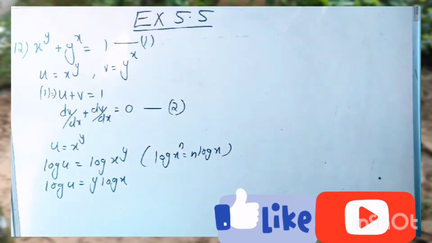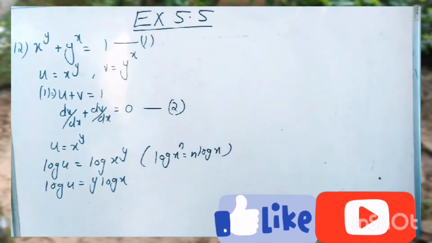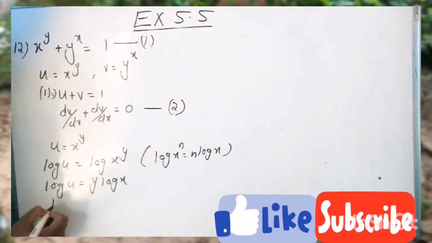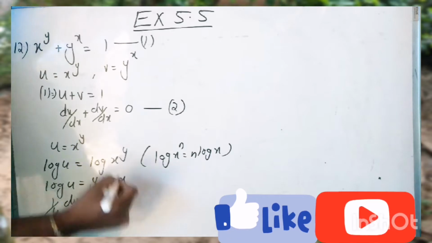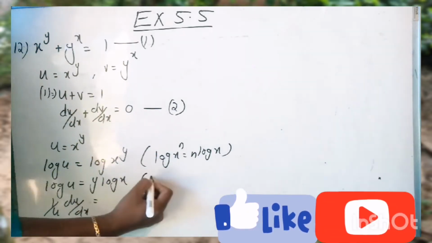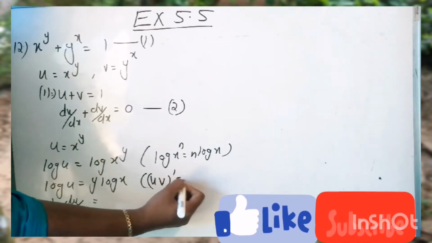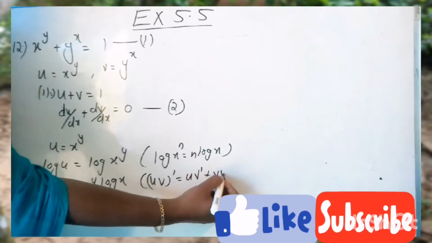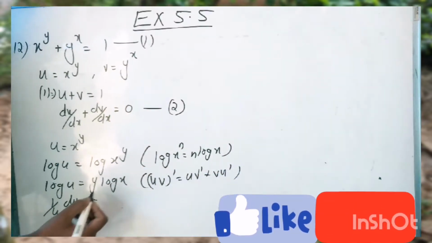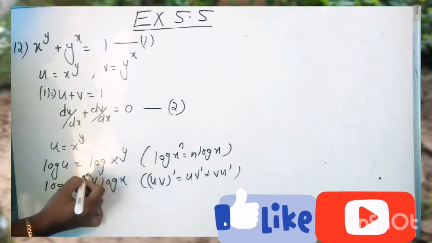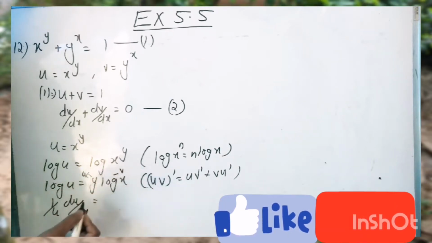Now differentiate both sides with respect to x. Then this becomes 1 by u into du by dx is equal to, here we need to apply the product rule: (uv)' is equal to u into v' plus v into u'. Take u as y and v as log x.